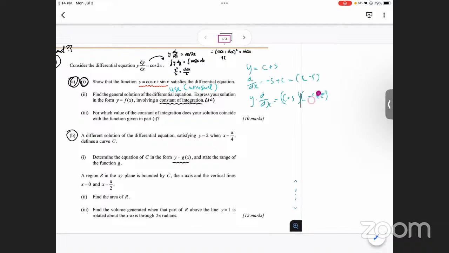Okay, there you go. So I'm using shorthands because I want to be fast. Then your cosine 2x equals cosine 2x, which can be c squared minus s squared, based on identities, right? So done, shown already.